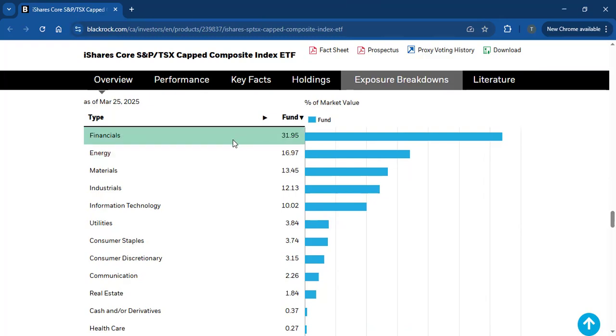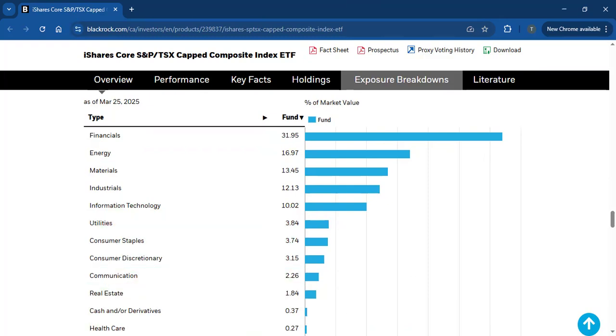The financial section in that fund is 31.95%, and energy represents only 16% of the fund. Materials represent 13%, industrials 12%, technology companies made up 10%, and utilities only 3%. As you go down like that, it just disappears.